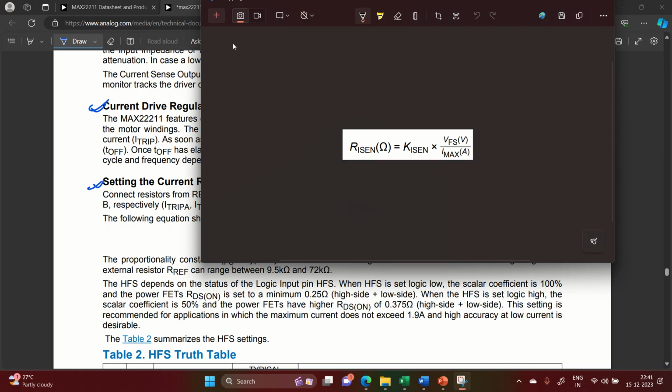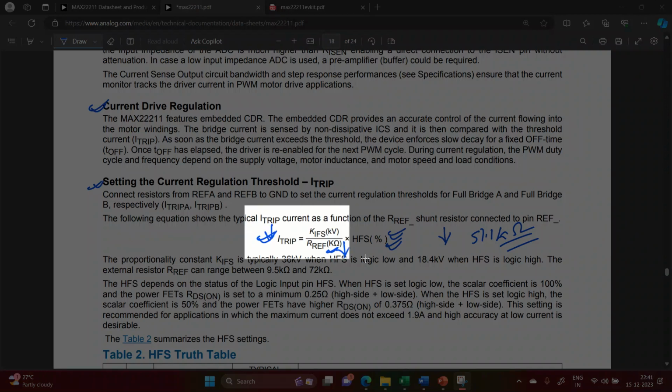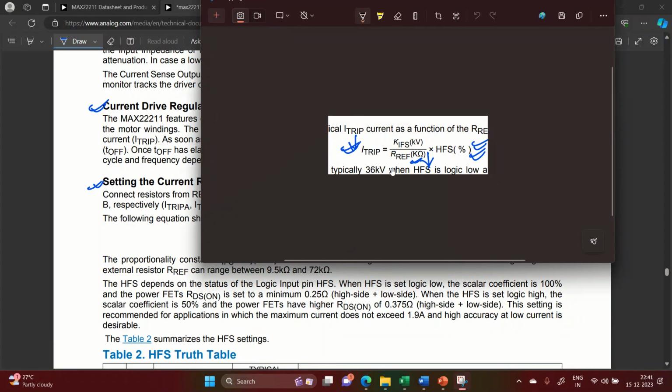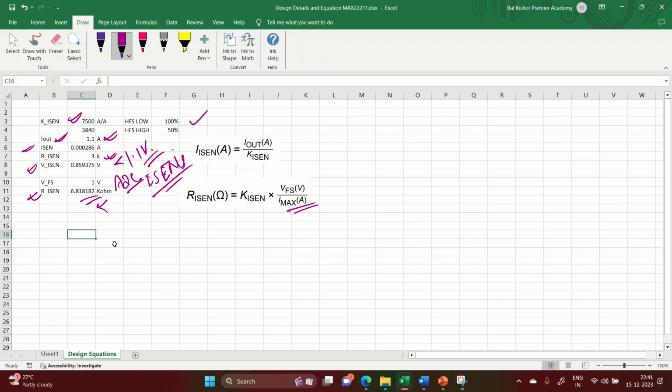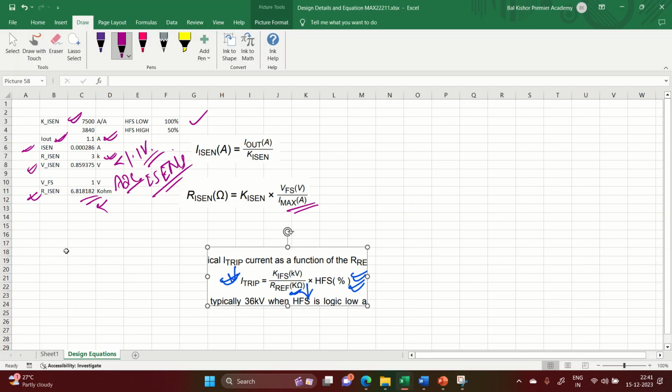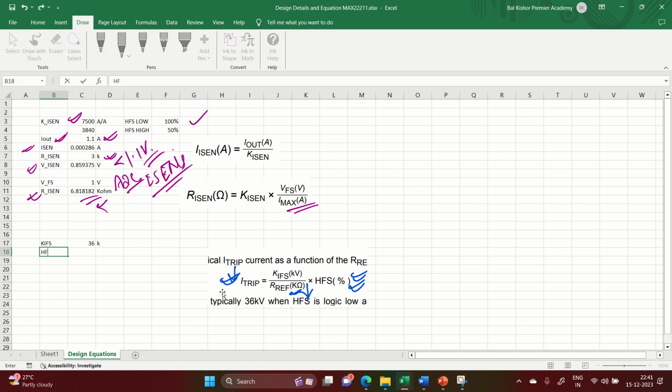This is my formula here, and our aim is KIFS, that is 36 kilo ohm, and my HFS I will put in percentage.